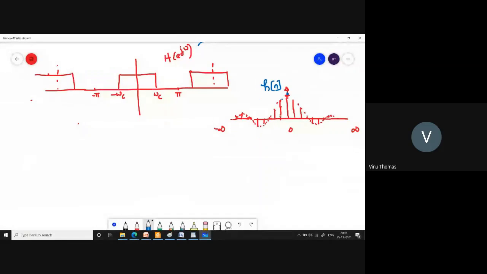Now, we are going to explore a way to approximate this so that we can maybe make this system a causal system, or at least a finite duration system. So for that, what I'm going to do is look at this signal through a window. You see that the amplitudes go on decreasing towards plus infinity and minus infinity. So suppose I look at this signal through this window, maybe I'll put the window here. I will look fully at these samples.